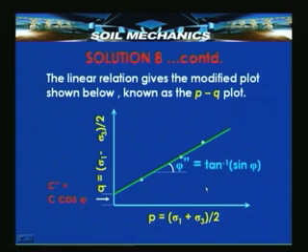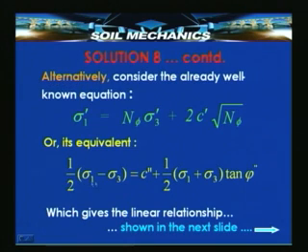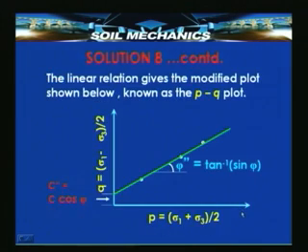Now, you can compare this equation with the basic equation which is given here, the original one, and you can show that C double dash is related to C dash and phi double dash is related to phi. That relationship is phi double dash is tan inverse of sin phi and C double dash is C cos phi. So, what this means is, ultimately we are interested in the shear strength parameters C and phi.